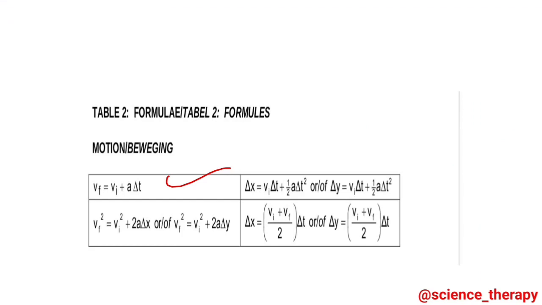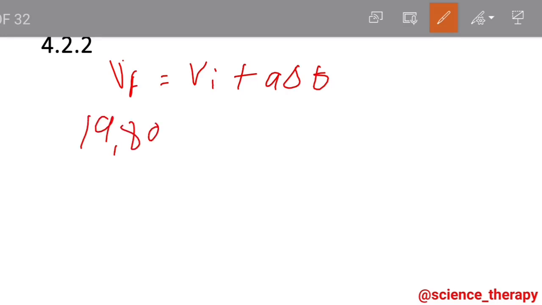So you see how easy it becomes when you have collected your data. It's just a matter of plug and play there. Then Vf is 19.80. Then our Vi is 0. Then our acceleration is 9.8, and then we have delta t.